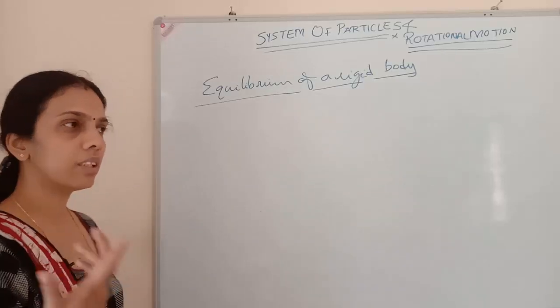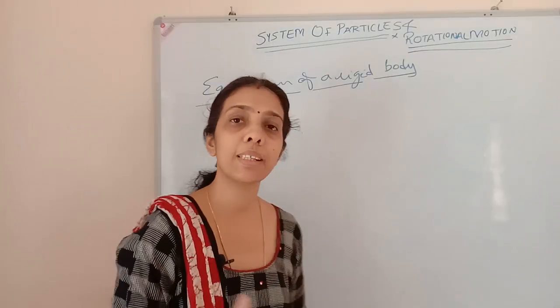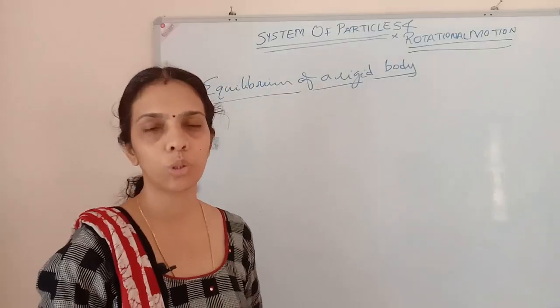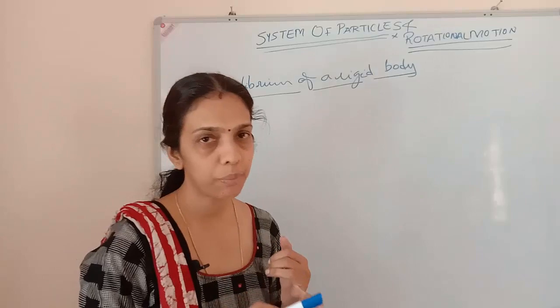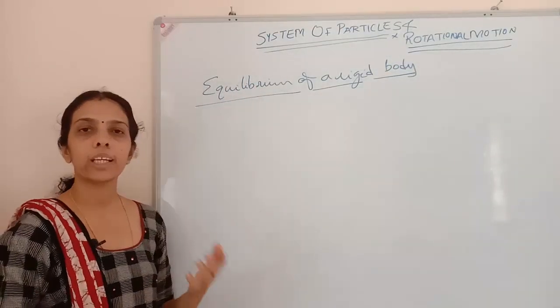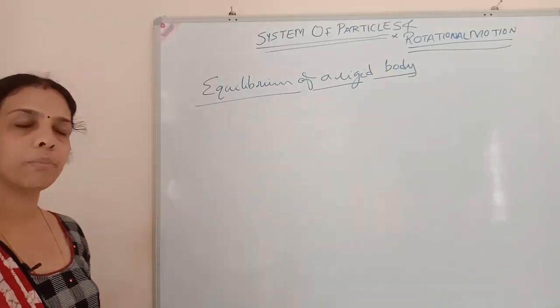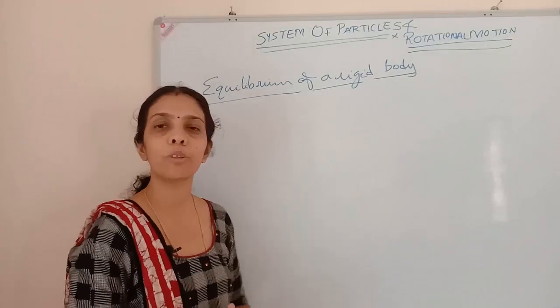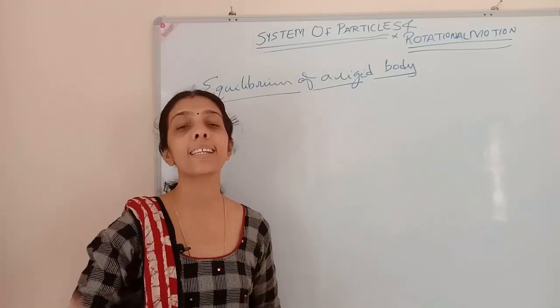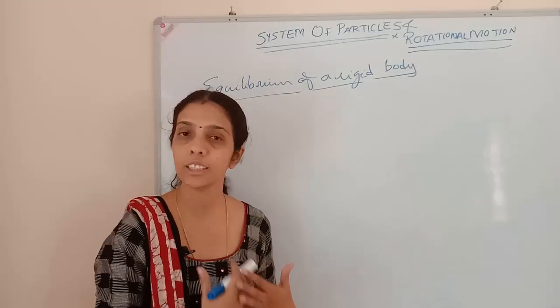If the net force acting on the system is equal to 0, then the object will be in translational equilibrium. What types of motion are possible for a rigid body? Both rotational as well as translational motion are possible, isn't it?